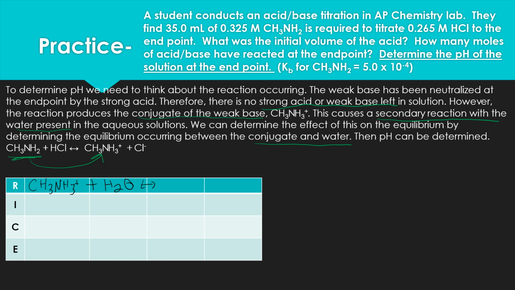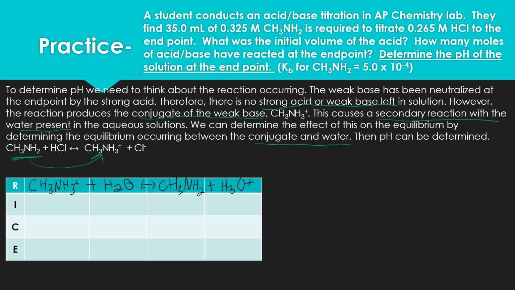Well, this CH3NH3+, when added to water, that water can grab that extra hydrogen that this thing has, and it's going to create CH3NH2. And when water grabs an extra hydrogen, we get H3O+. Remember, H3O+ is just like our hydrogen ion, but with water. So it kind of breaks it back down and releases some of that hydrogen ion back into the water.